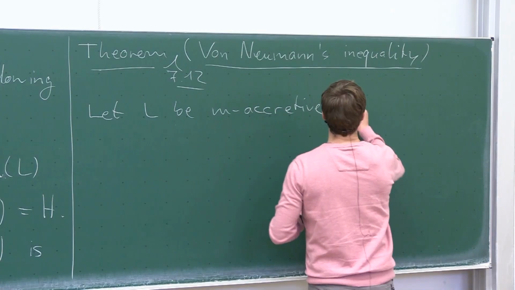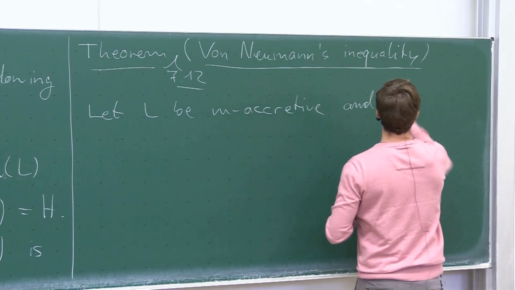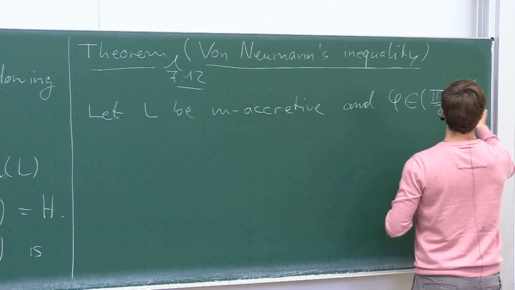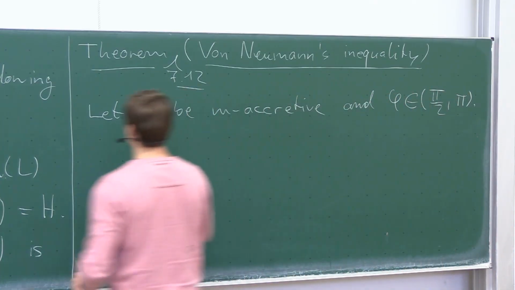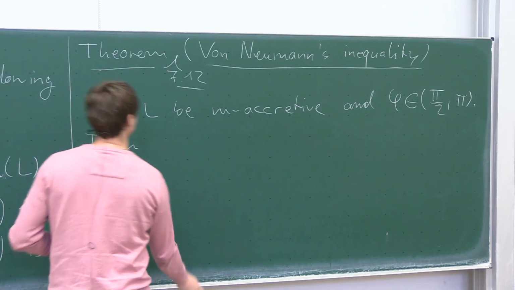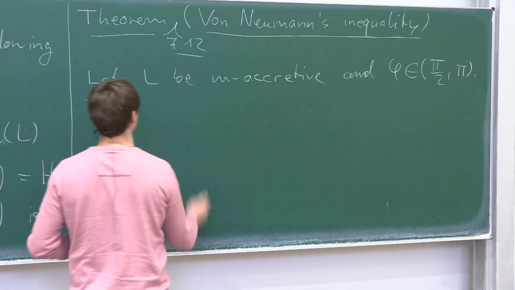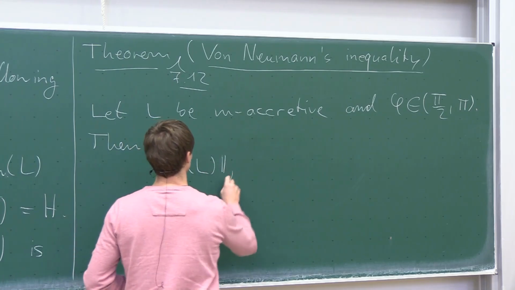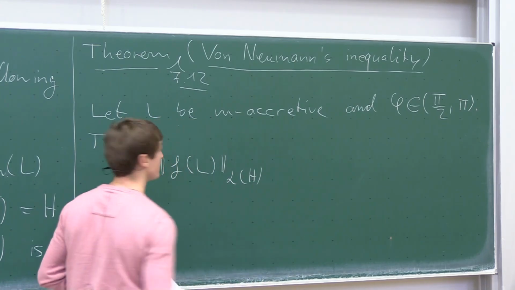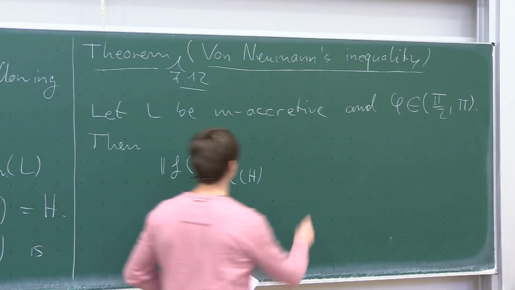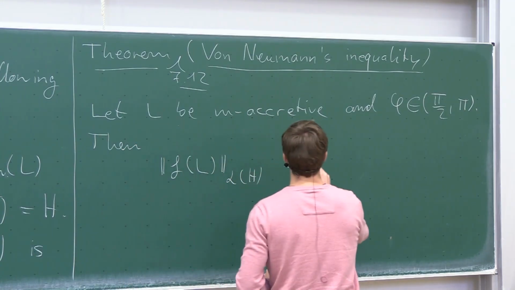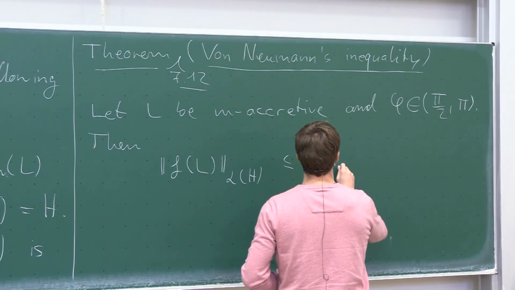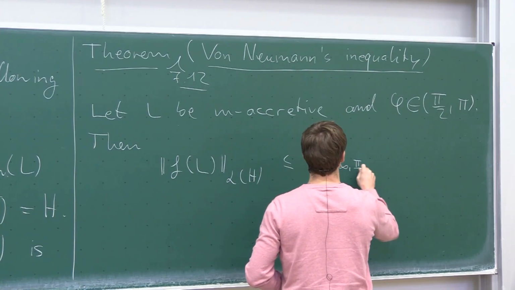So let's take some angle phi, which is in the open interval between pi over 2 and pi. And then we have that the operator norm of f of L in the operator norm of the Hilbert space can be controlled by the supremum norm of f on the sector of angle pi over 2.